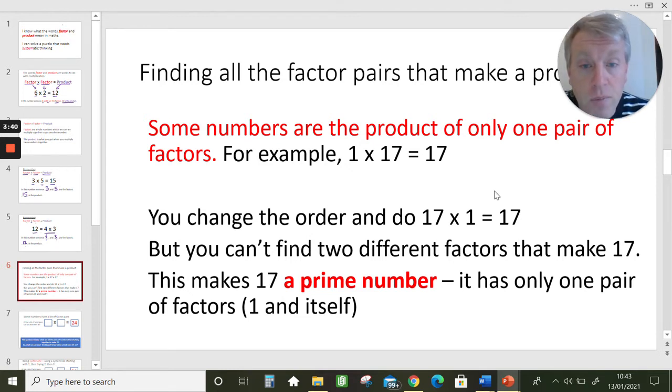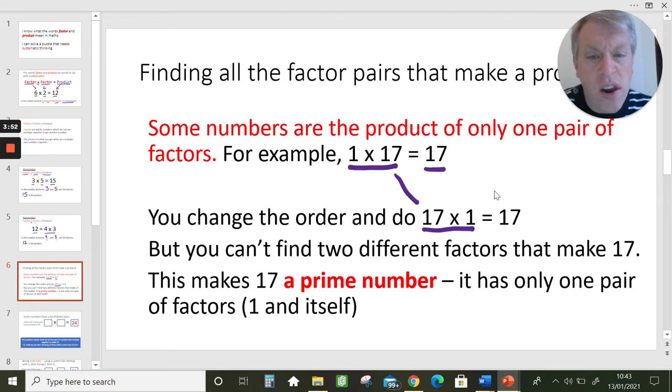For example, when we want to make 17, 1 times 17 equals 17, we can change the order and do 17 times 1. It is the same factor pair, just the order that is different. You can't find two different factors that make 17.